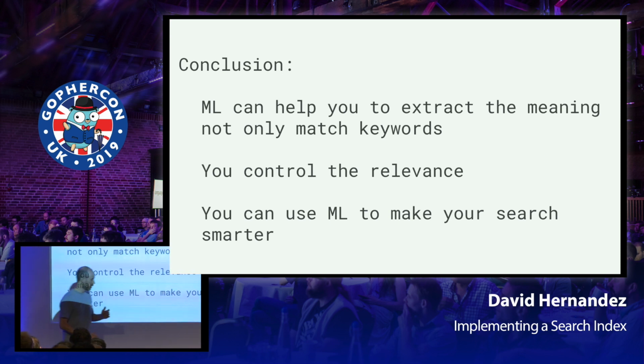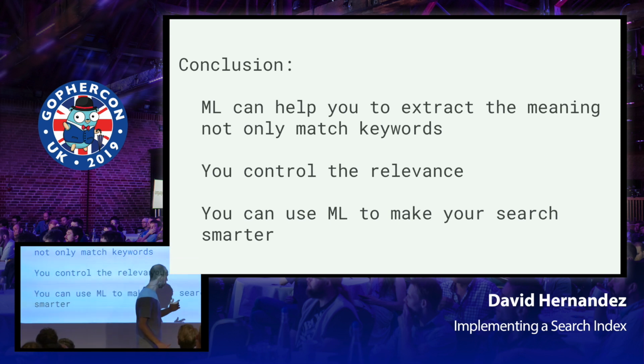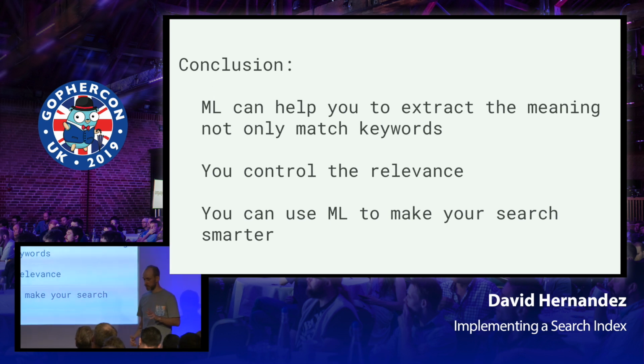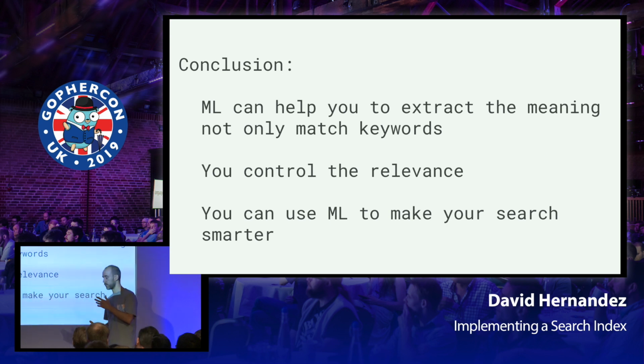Okay, so I'm almost at the end. What are the takeaways of this presentation, in case you are sleeping? Machine learning can really help you extract not only keywords from your query or your documents, it can try to find the meaning of that sentence.